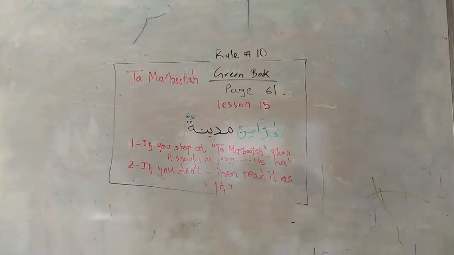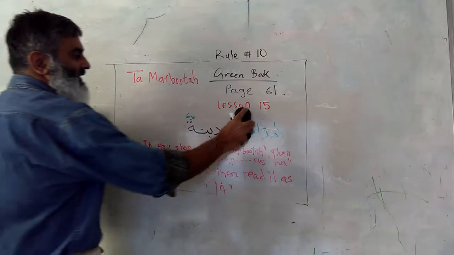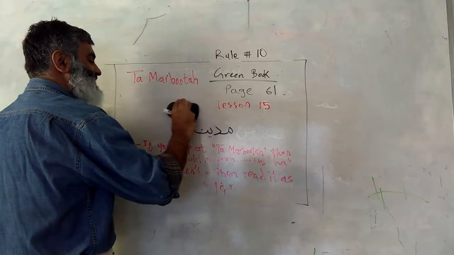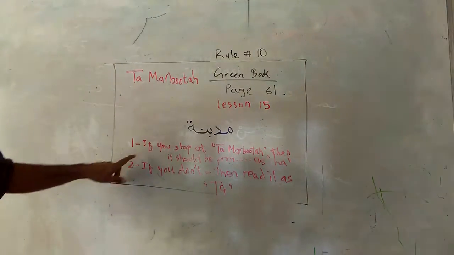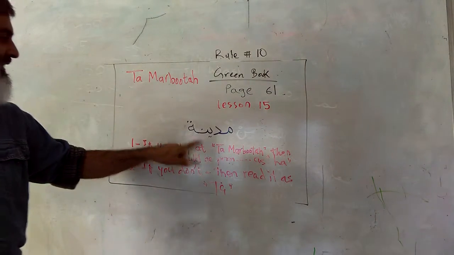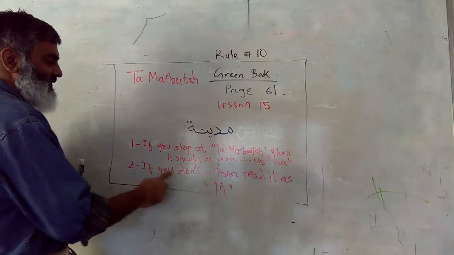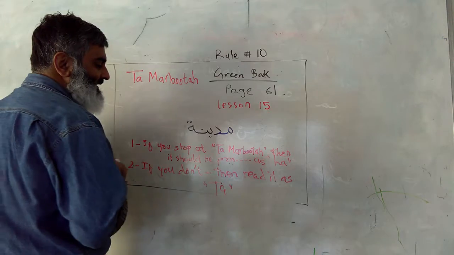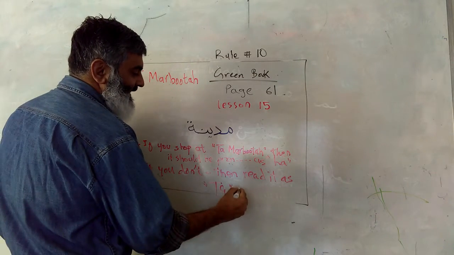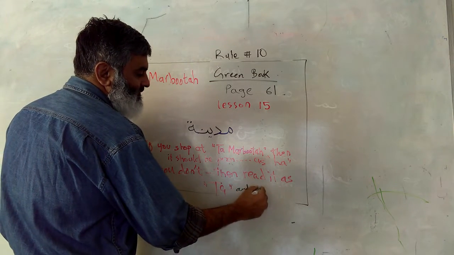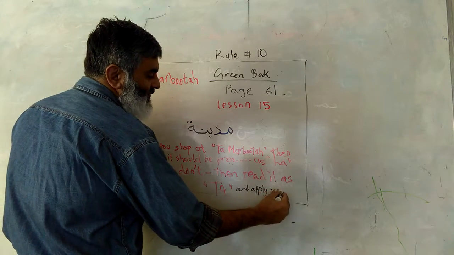You've already learned the rule of Tanween, so you know how the Tanween is read. Again, if you have to stop at Ta Marbuta, then it should be pronounced as Ha. If you do not stop, then read it as Ta and then apply harakat, apply reading rules.